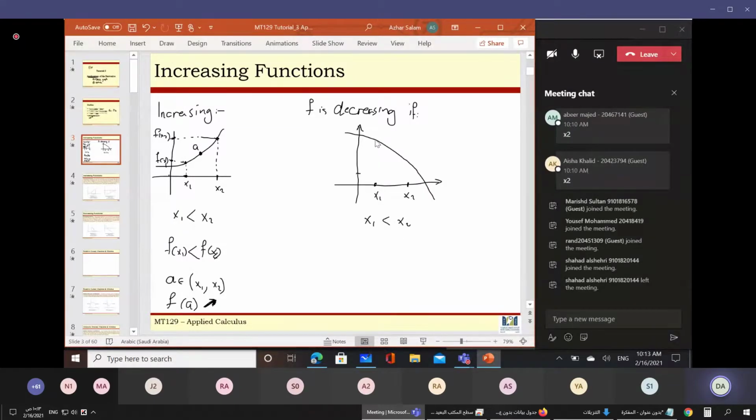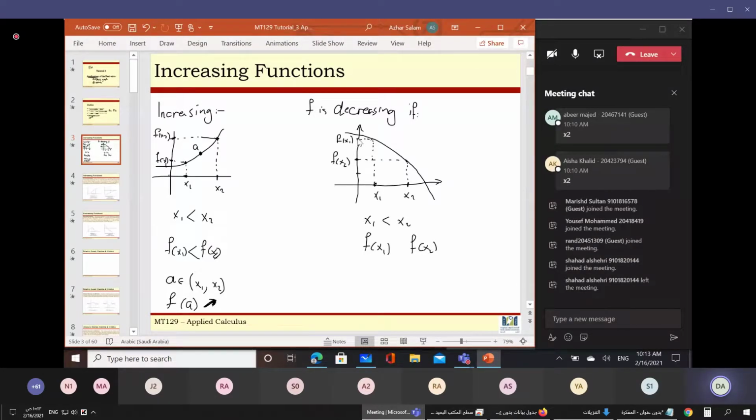Okay. Here in the graph, this is the value of x1, this is f of x1, and this is the value of f at x2, this is f of x2. Which one is greater, f of x1 or f of x2?